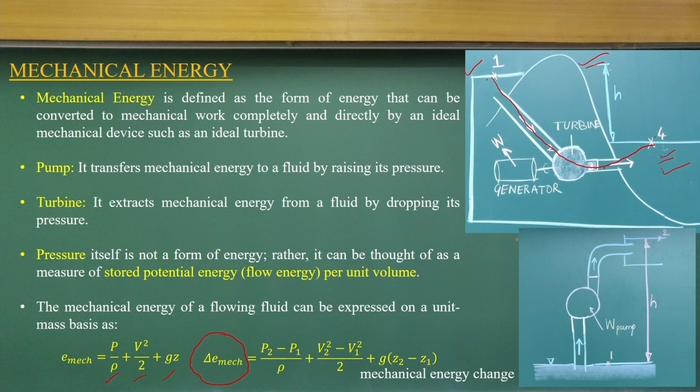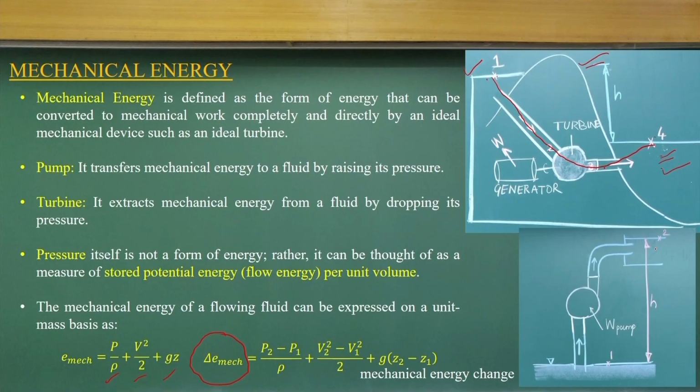And this is a very simple pumping arrangement. We use pumping to enhance the mechanical energy in fluid flow systems by raising its pressure, and because of that we can lift water into water head tanks, as you know.